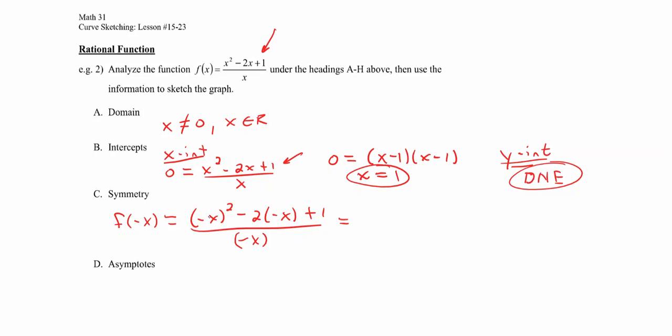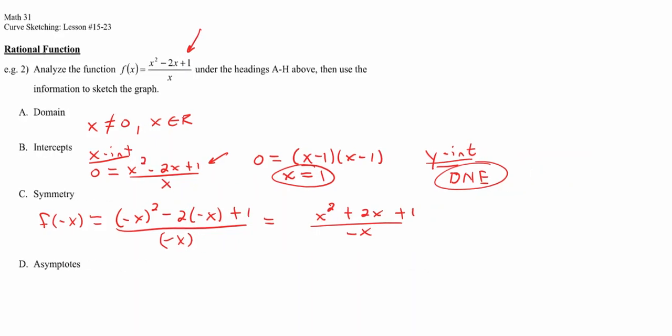So this would be the same thing as, squaring that negative would be just positive x squared, a negative and a negative makes that plus 2x plus 1 over negative x. So that is neither.